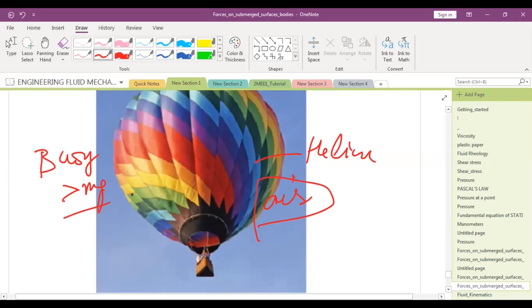Yes. So what do you expect? Will it stop somewhere? Yes, sir. So at that location, what will happen? The buoyant force will become equal to mg. And clear hai? And this is the end of fluid statics.